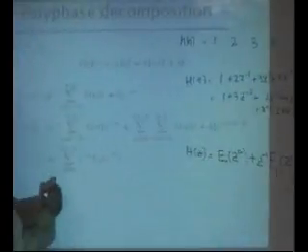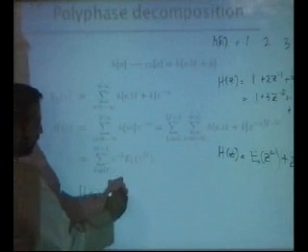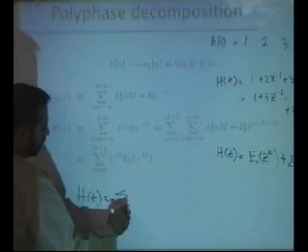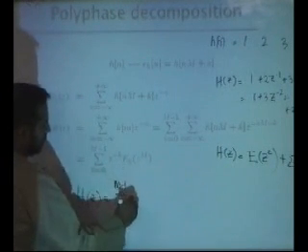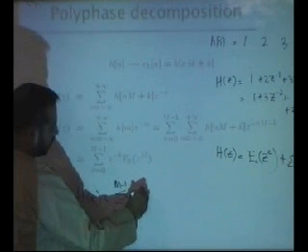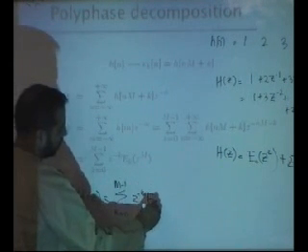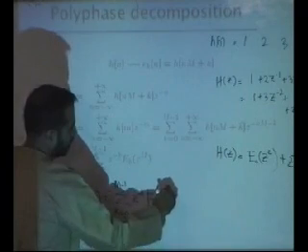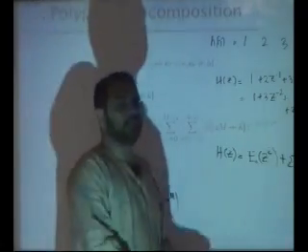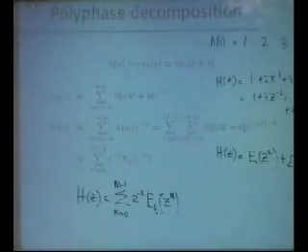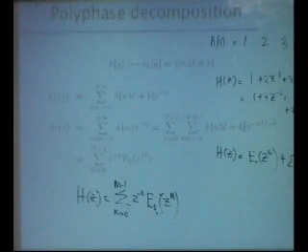So to generalize, h of Z can be written as a sum of k of these filters, E_k of Z to the M, times Z minus k. So this is the polyphase decomposition formula: in the Z transform, h of Z can be broken into M E_k's.